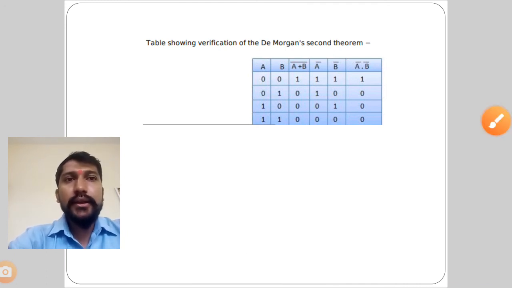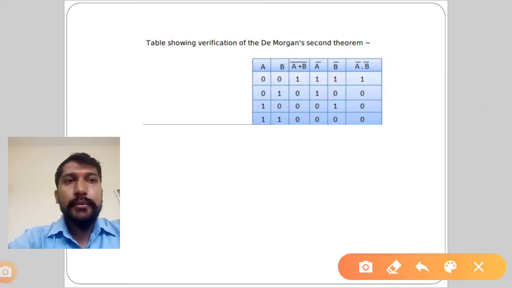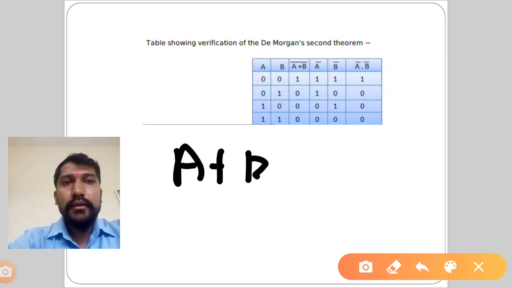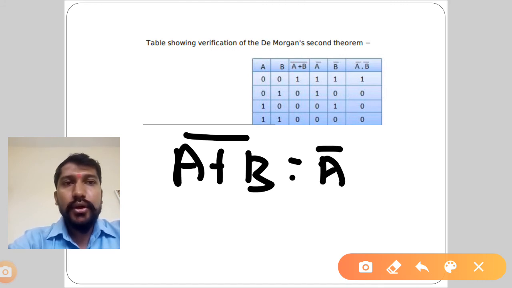You can take any values. Suppose I am taking 1 and 1. The statement is A plus B bar is equal to A bar dot B bar.